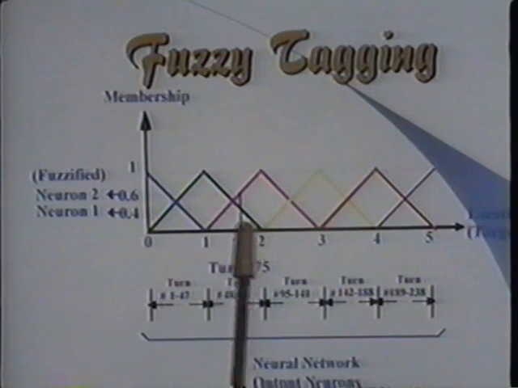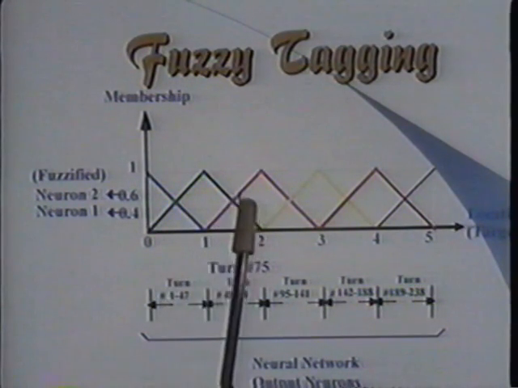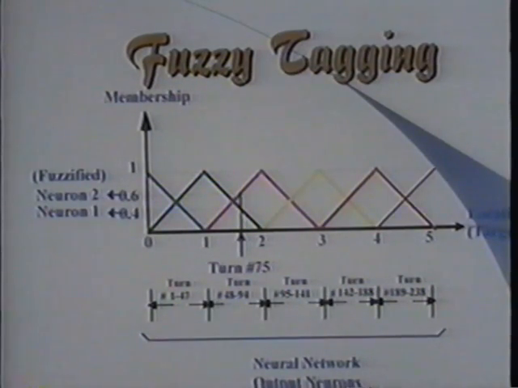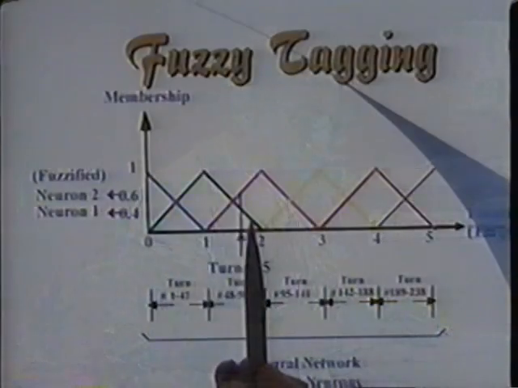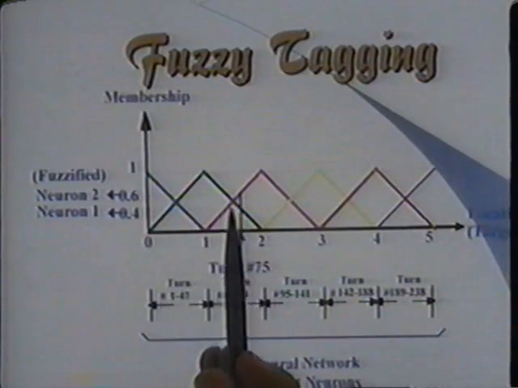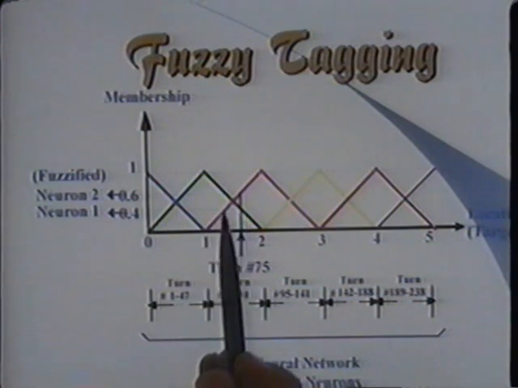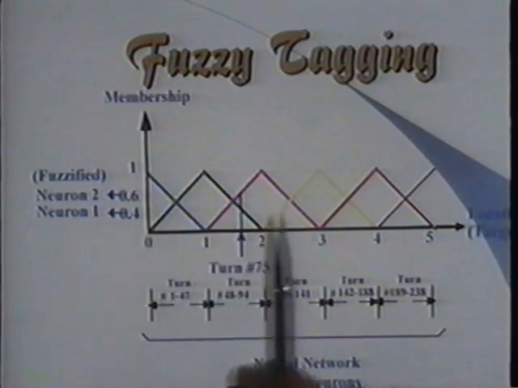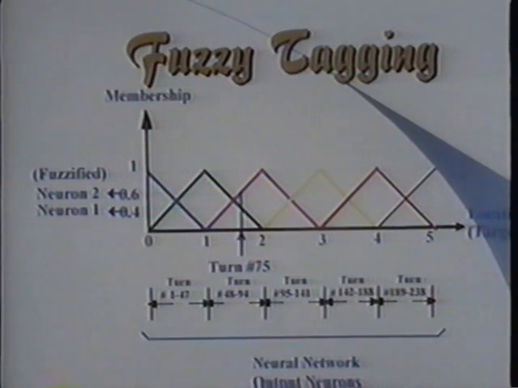And then the second neuron will be here, and it's going to have an output of 0.6. So what you are having here are two outputs. The first output of this neuron here would be 0.4. The second output would be for this purple neuron, and it would be 0.6. And the output of the rest of the neurons would be 0.